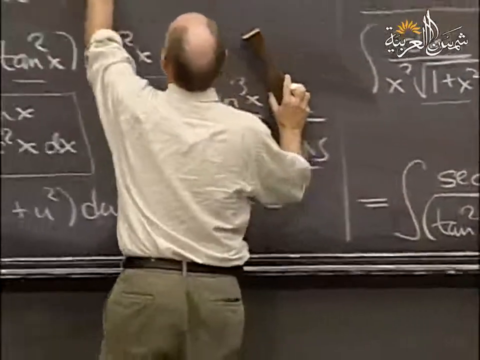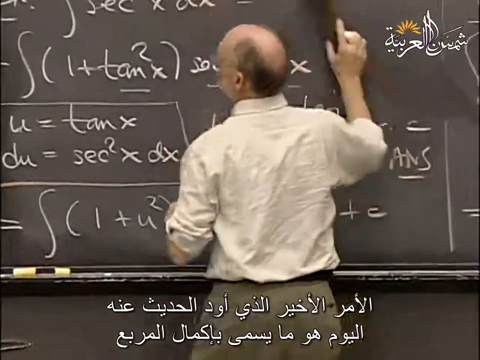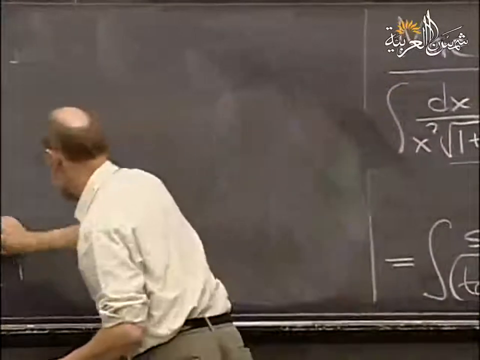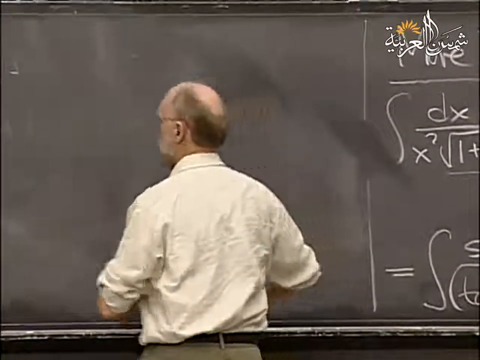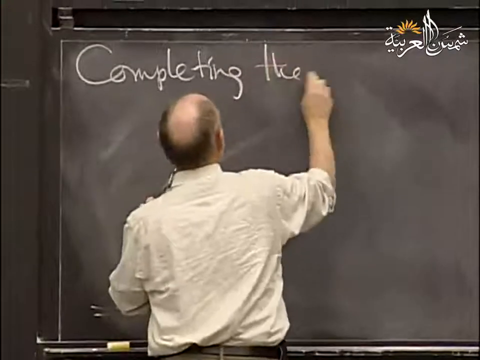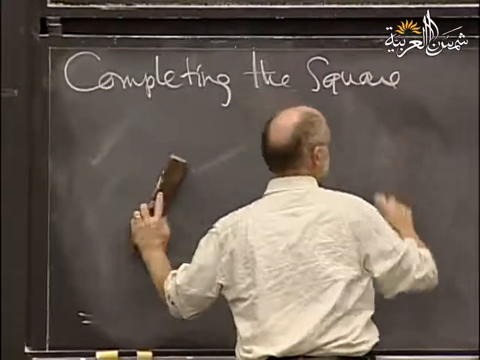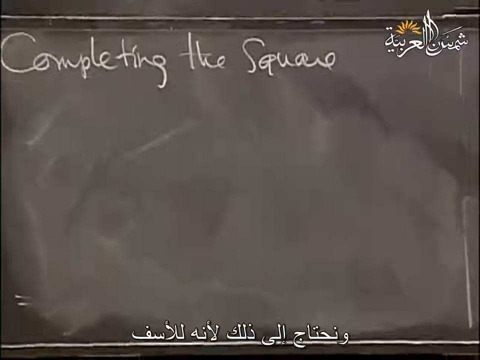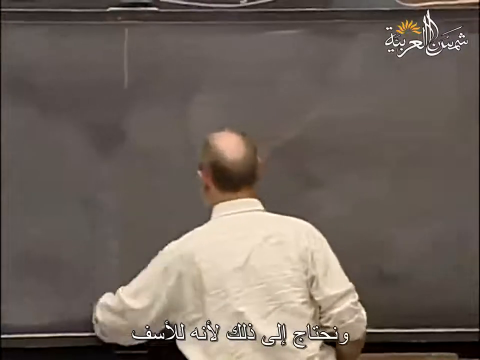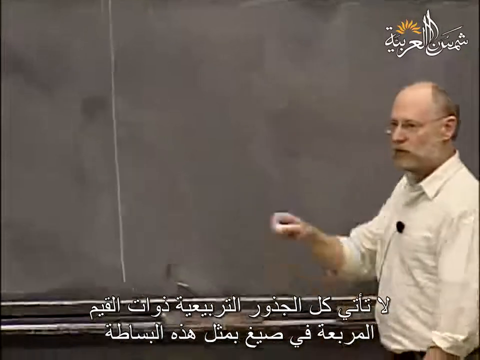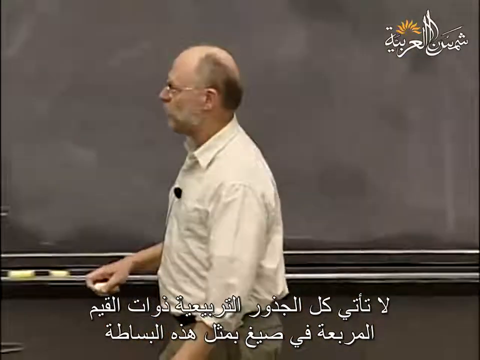Okay. So now the last thing I want to talk about today is called completing the square. And that comes in because, unfortunately, not every square root of a quadratic has such a simple form.